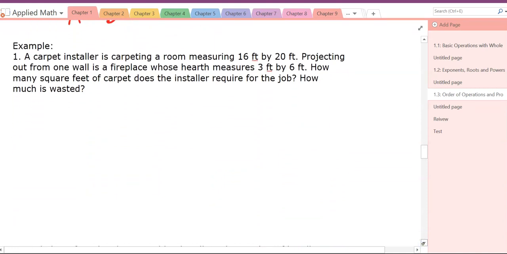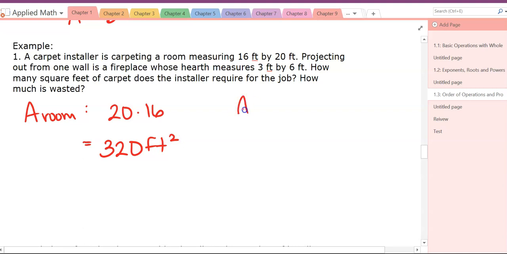So a carpet installer is carpeting a room that measures 16 feet by 20 feet. Projecting out from one wall is a fireplace that measures 3 feet by 6 feet. How many square feet of the carpet does the installer need for the job, and how much is going to be wasted? So I'm going to find the area of the room first. So we're going to take that 20 times 16, and so that leaves us with 320, and this would be feet squared.